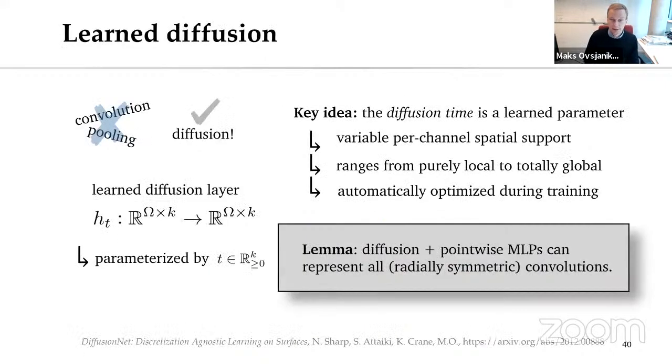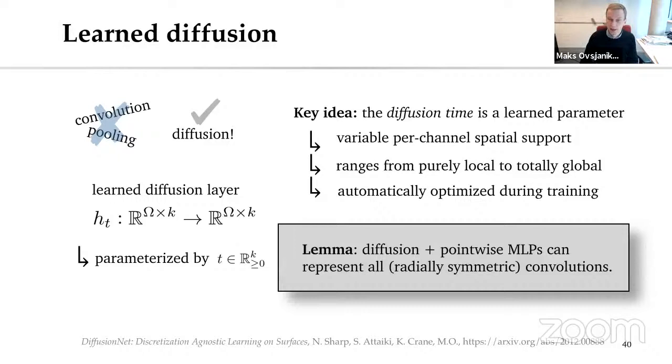The first idea in this work is the following. Let's have a diffusion block that takes some feature and diffuses it, but let's make the diffusion time a learned parameter. Across different feature blocks, we can have their own diffusion time.